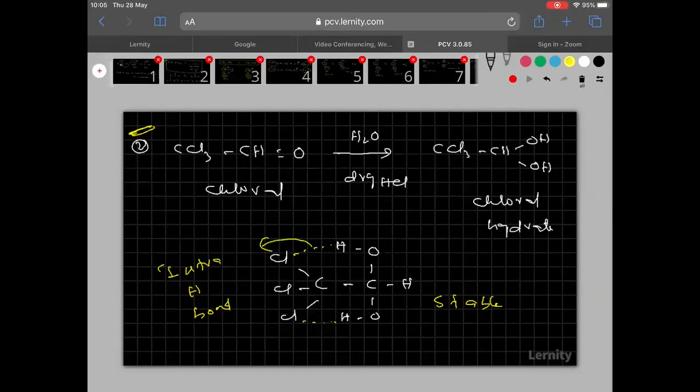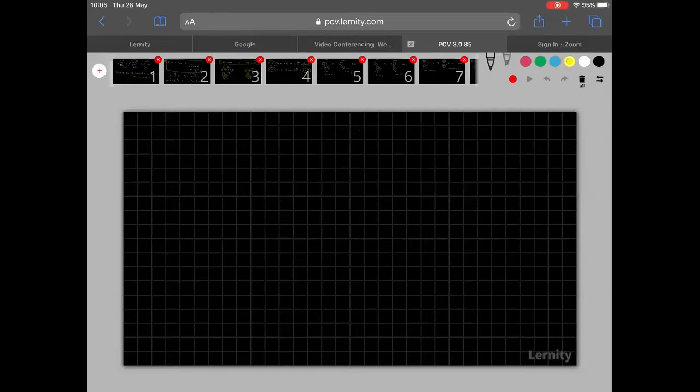Completed. Next, one more example I want to take here. This is one of the previous advanced questions. So now see clearly. What is the name of this compound? You know, this compound is said to be ninhydrine.